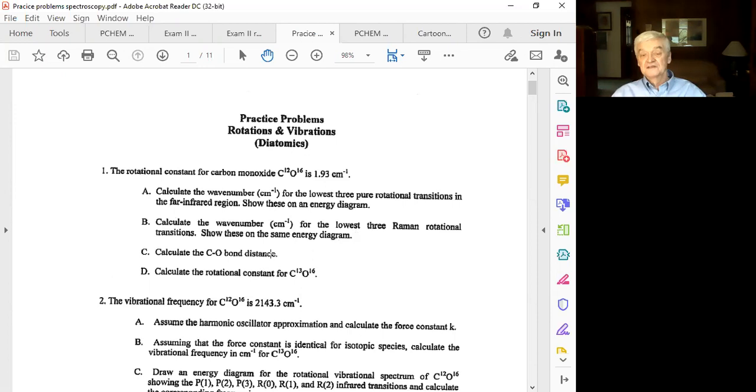Calculating the bond distance, if you know the rotational constant, from that you calculate the moment of inertia. The moment of inertia I is equal to mu r squared.